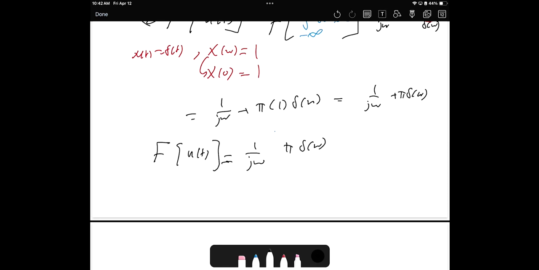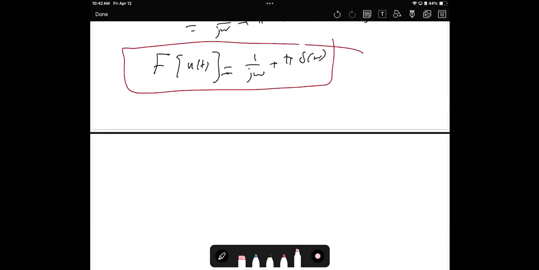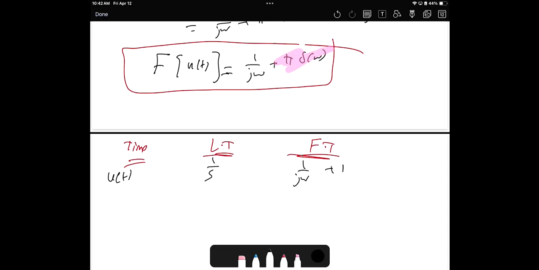Plus this. We see a term that's different, which is pi delta omega. Recall the Laplace transform and Fourier transform. In time domain, u of t, the Laplace transform was 1 over s, and the Fourier transform is 1 over j omega plus pi delta.